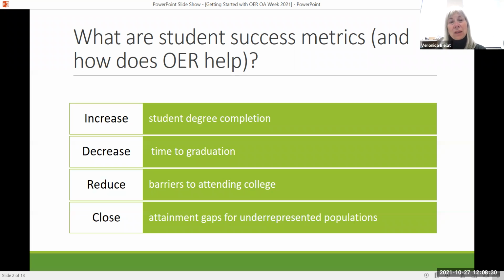Not successfully completing a class may lead to that sort of circumstance piling up and may result in them not completing their degree. Because they have to repeat classes, it will increase their time to graduation. Textbook costs can be a barrier to attending college.